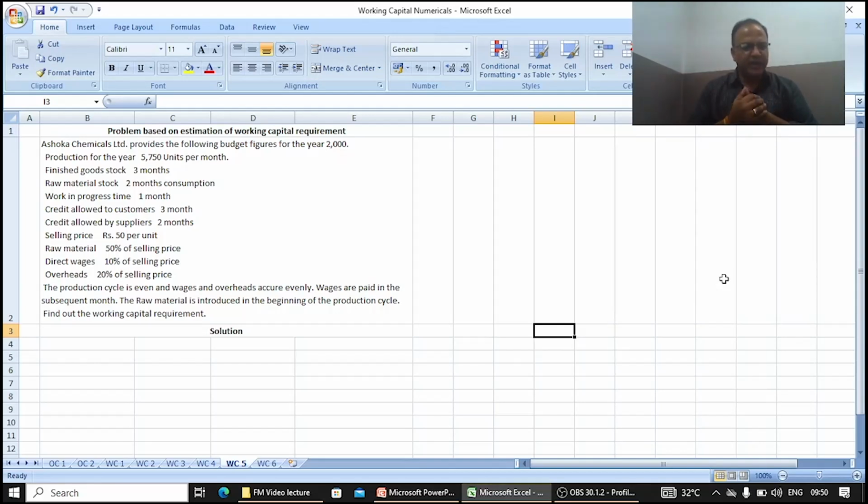Wages are paid in the subsequent month. The raw material is introduced in the beginning of the production cycle. Find out the working capital requirement.